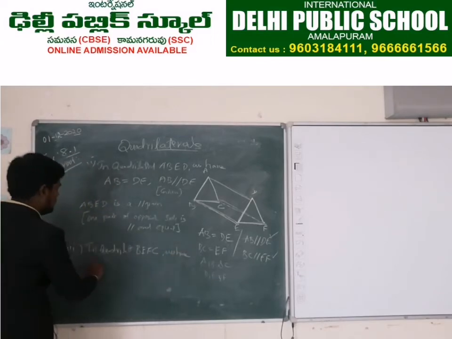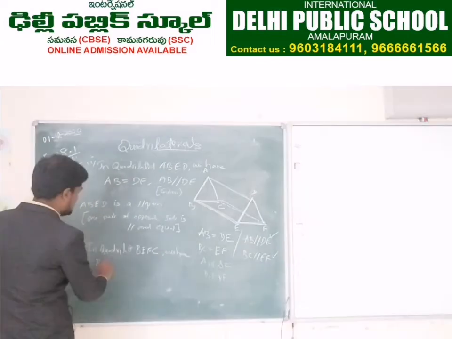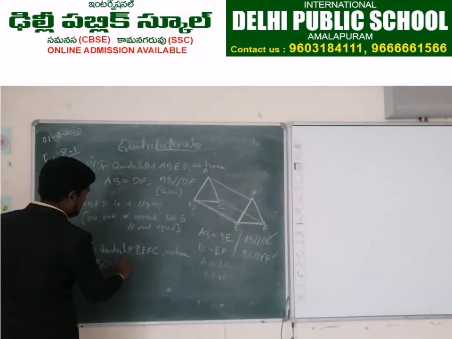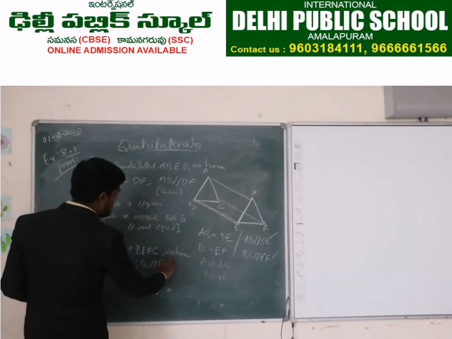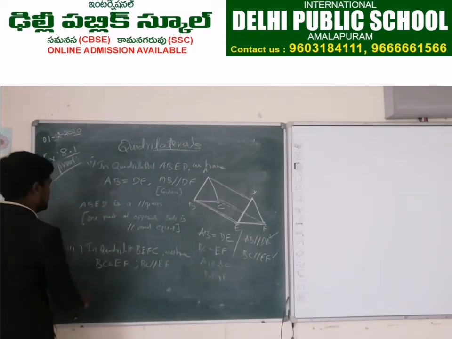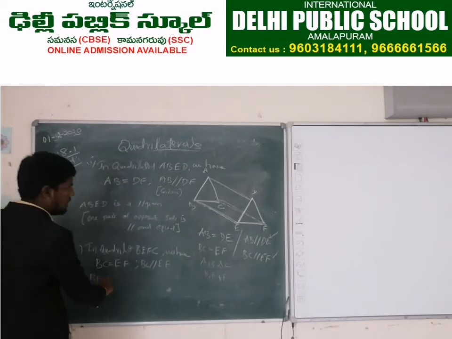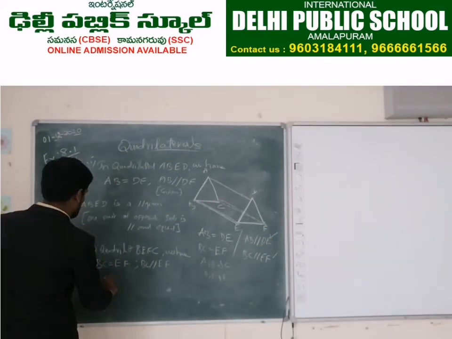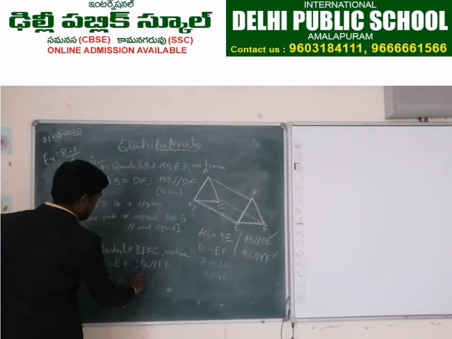we have BC is equal to EF and BC is parallel to EF. So therefore BEFC is a parallelogram.